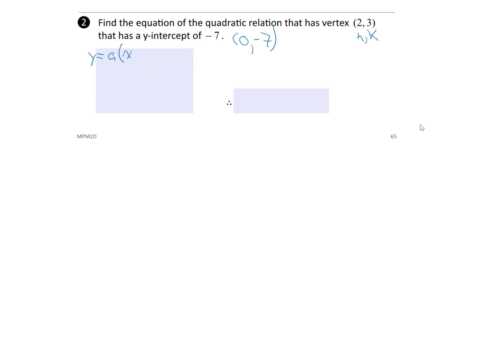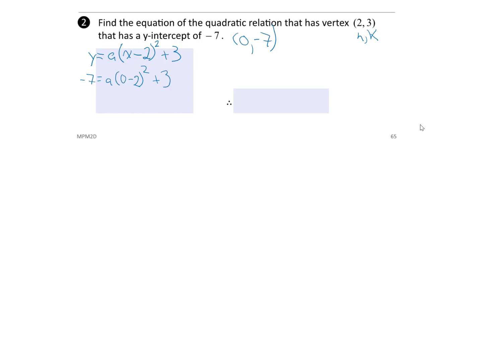So we have x minus 2, because it's minus your h value, plus your k value, which is 3. Then we sub in one of our points. We know the point 0, negative 7. So we sub in negative 7 for y equals a times 0 minus 2 squared plus 3 at the end.